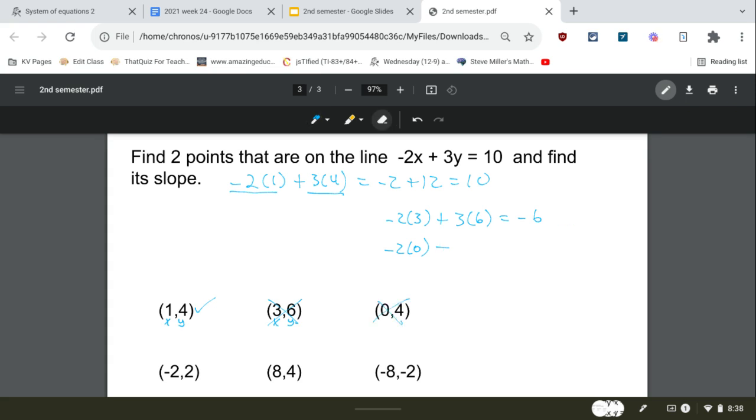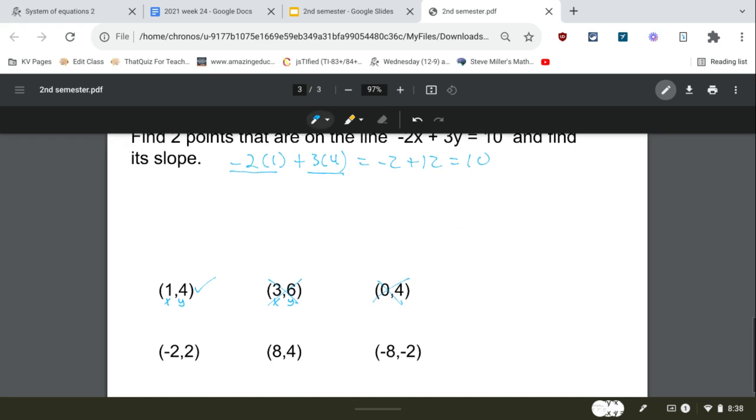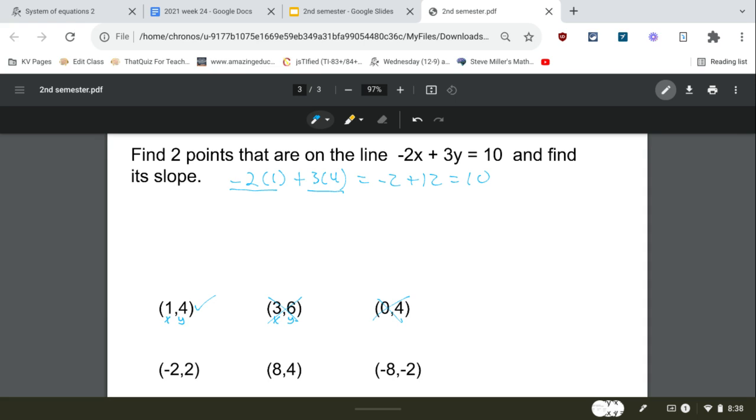All right, let me erase some of this. All right, (-2, 2). I'm plugging in negative 2 for my x, and then 3 times 2 for my y. This will give me positive 4. 3 times 2 is positive 6.